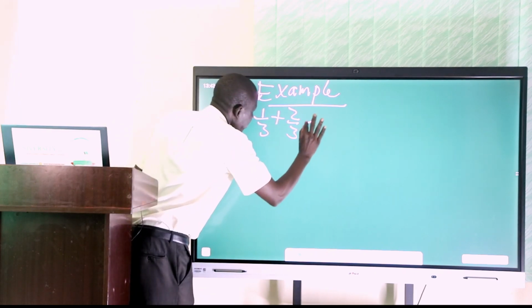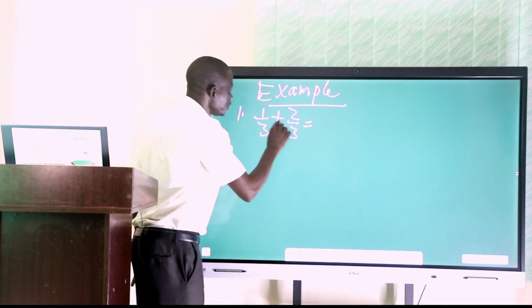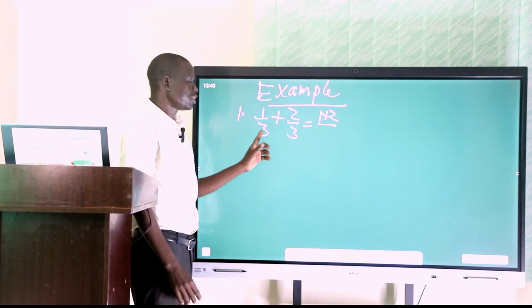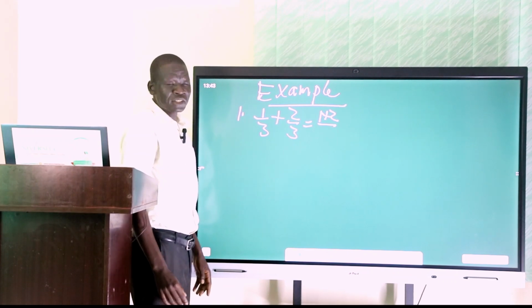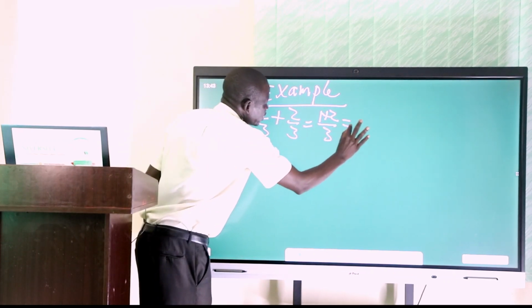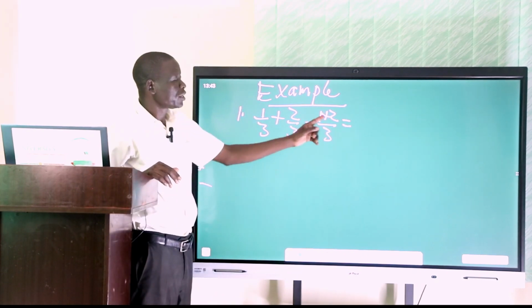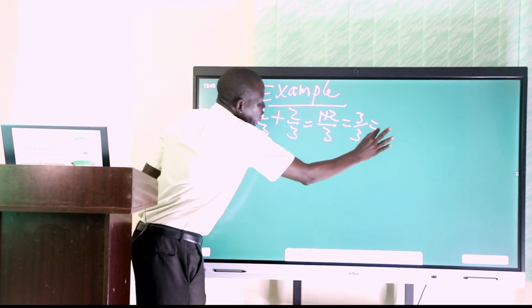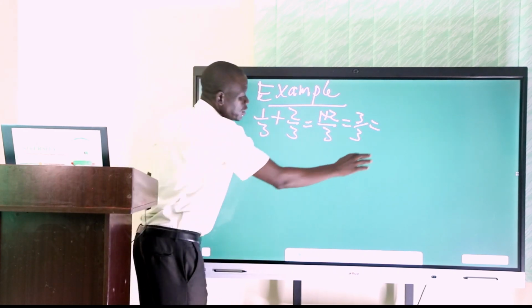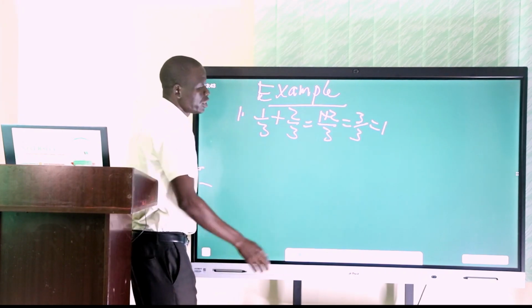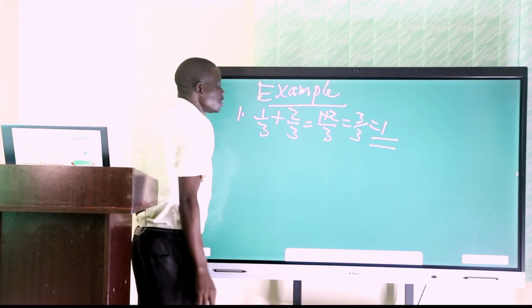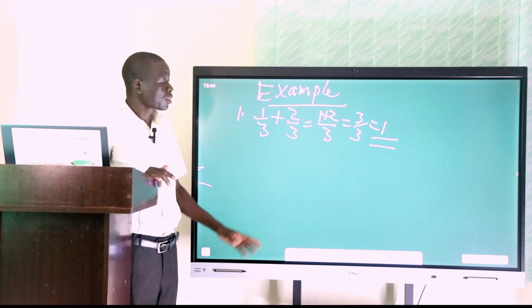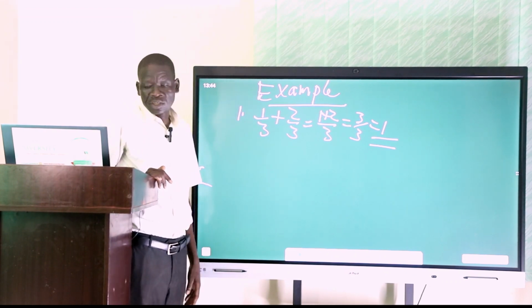So we add 1 plus 2, and then we divide by one of the denominators, which is 3. So 1 plus 2 is 3, over 3. And 3 divided by 3 is 1. So this becomes our answer. When we add 1/3 plus 2/3, we get 1 as the answer.